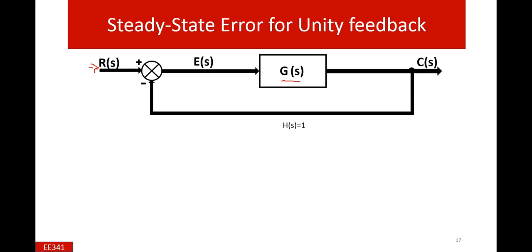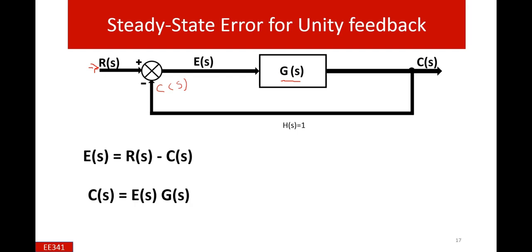So this C(s) is actually representing the value at this point, equal to C(s), all in the frequency domain. So the error signal is equal to the input minus the output, and also we observed that the output is equal to the error signal times G(s), the open loop transfer function.